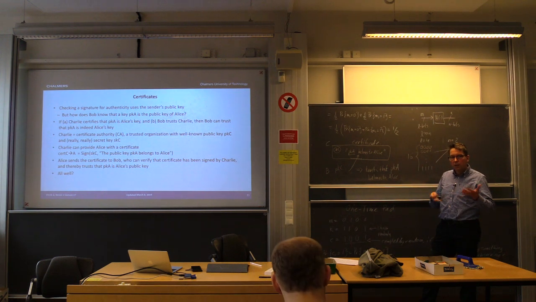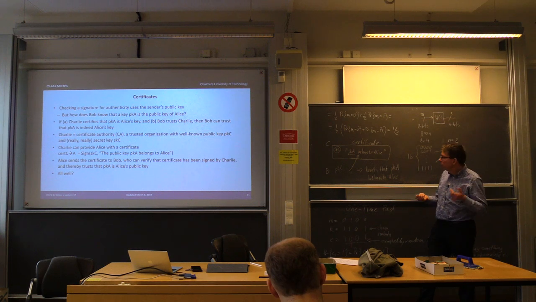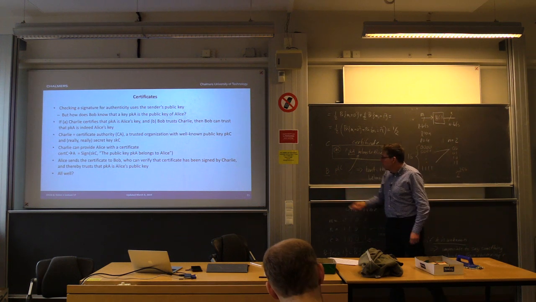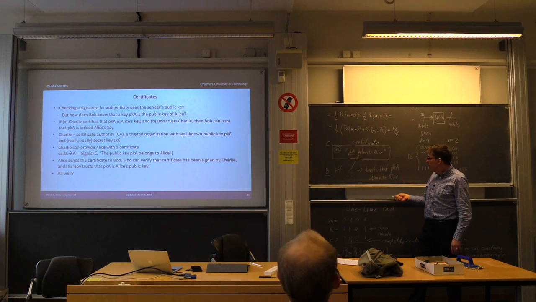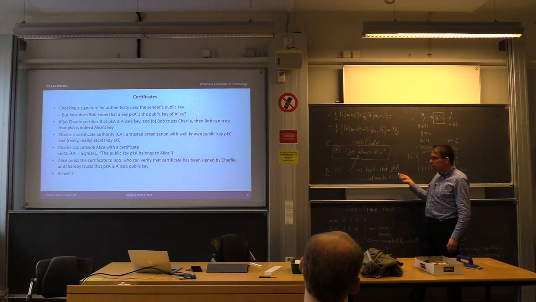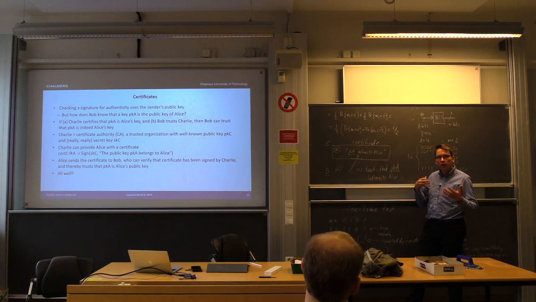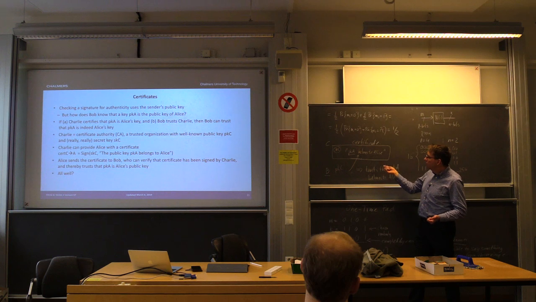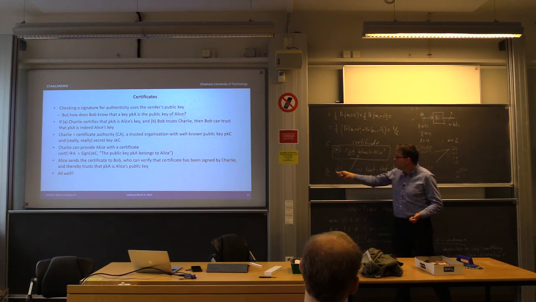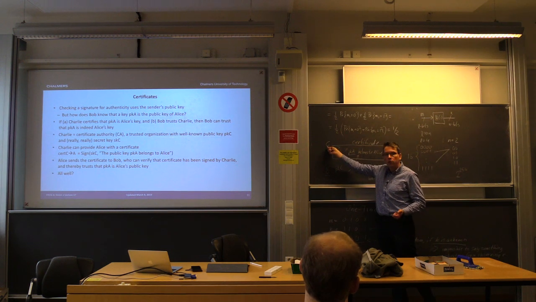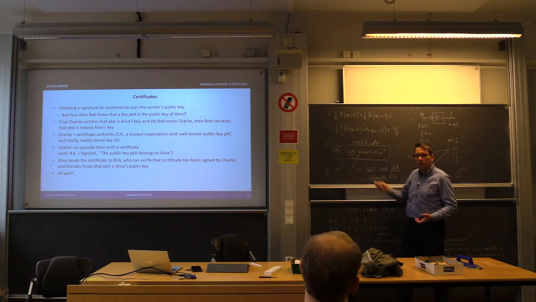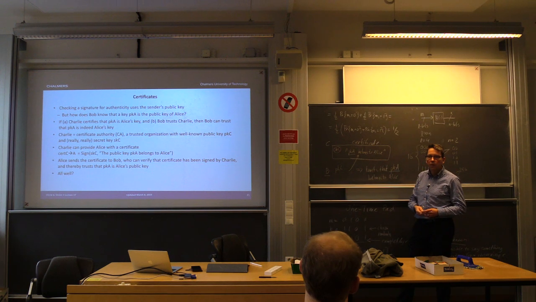So was the idea reasonably clear? The problem we want to solve is that Bob should be reasonably sure that a certain number of bits is actually the public key of Alice. The way to do that is that Alice provides a certificate where somebody that Bob actually trusts and knows claims that this is the truth.